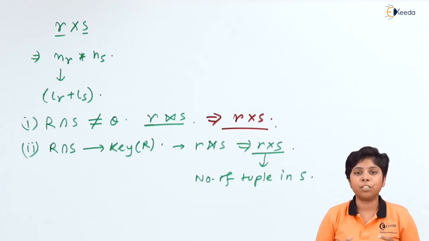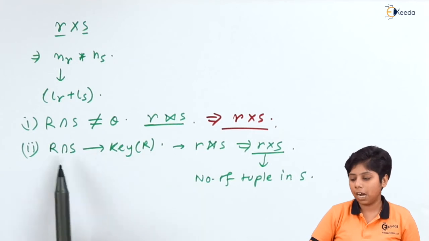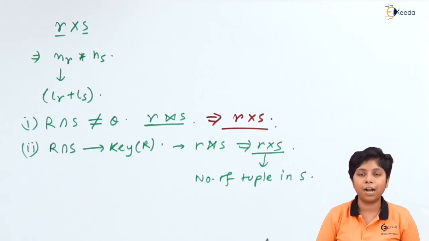Now what happens in the last scenario, that is, R intersection S has no key from R and S both?